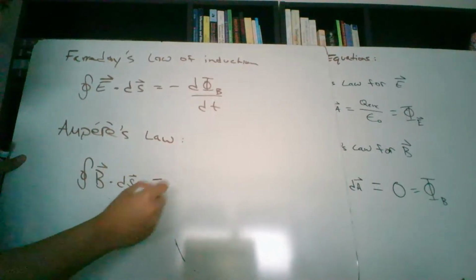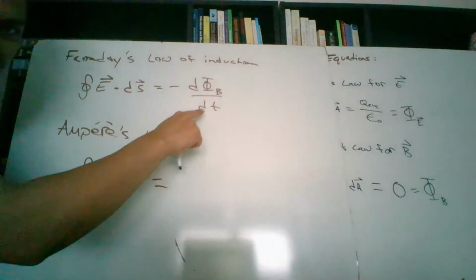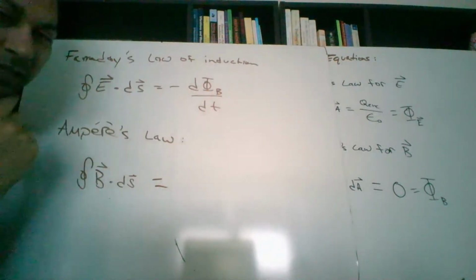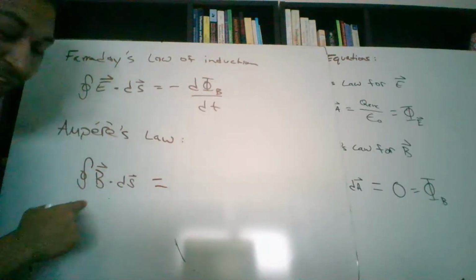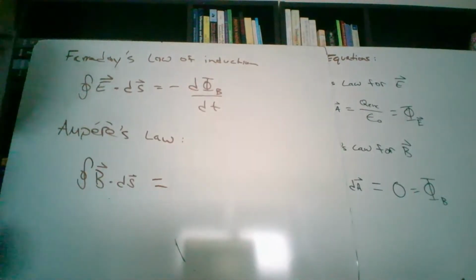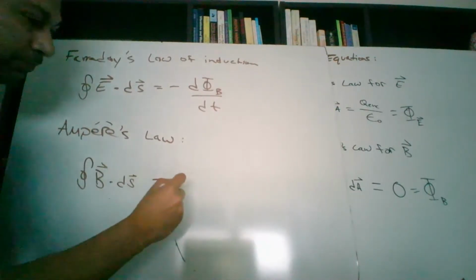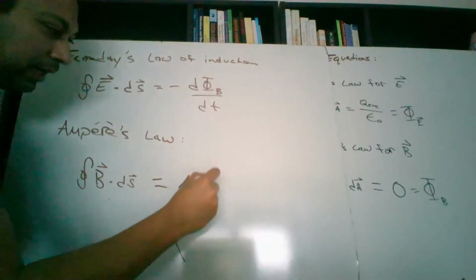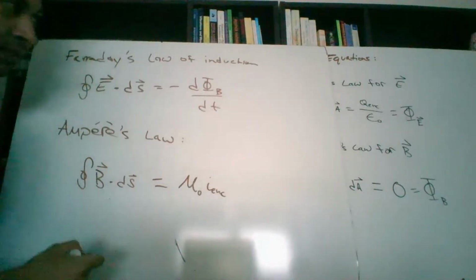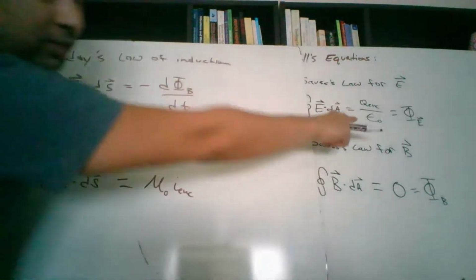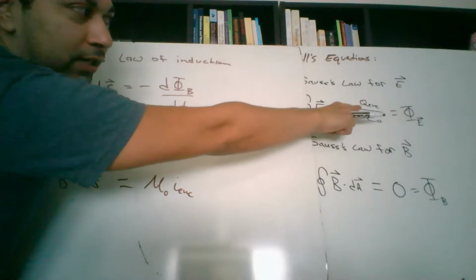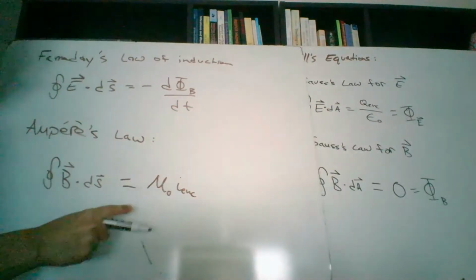And that's going to equal, now wait a minute, here we had the change in the magnetic flux. If you remember, Ampere's law says that when you do this, it's equal to mu naught I enclosed. Just like Gauss's law was equal to Q enclosed over epsilon naught, we get this.